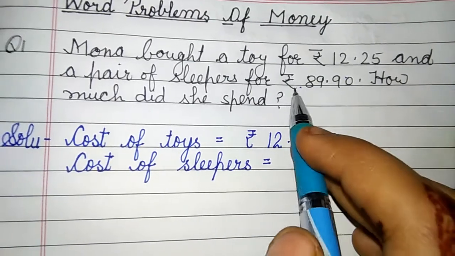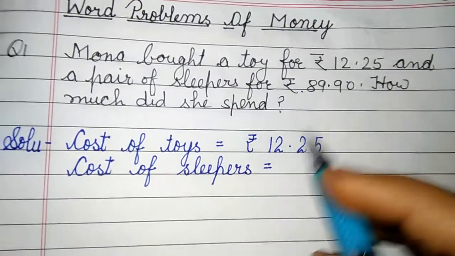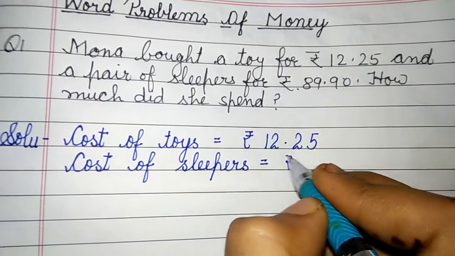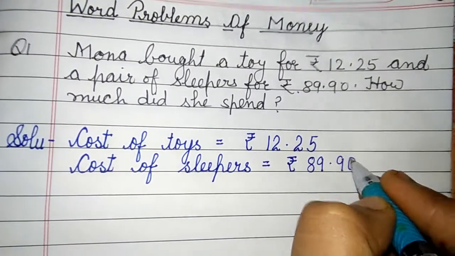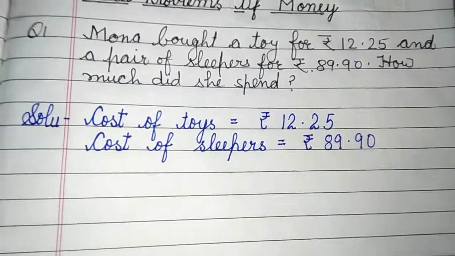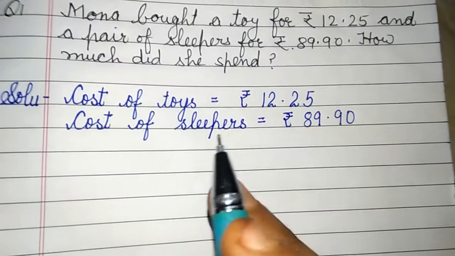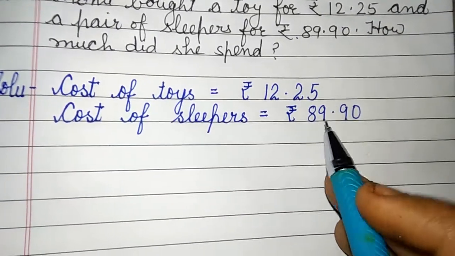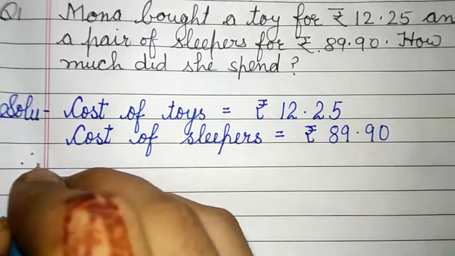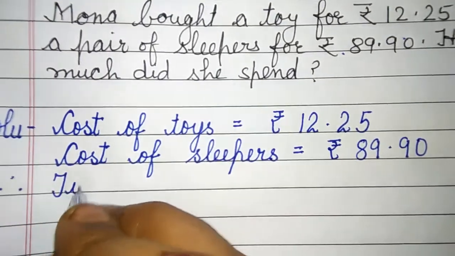How much? Rupees 89.90, 89 rupees 90 paise. Now we have to find out how much money she spent. So we will write here, therefore total money she spent.